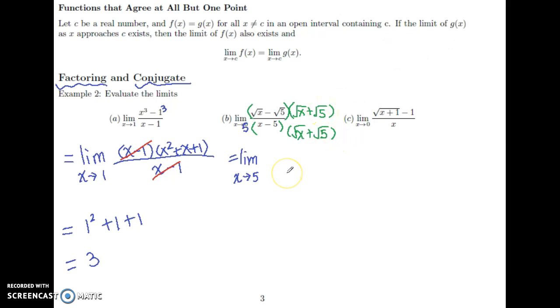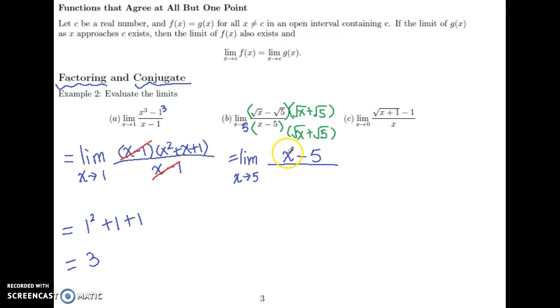Now for the top, with the conjugate, it's like a minus b times a plus b. So it's the difference of squares formula. We will get a squared, which is square root of x squared, so you get x, and b squared, which is square root of 5 squared, is 5, and it's a negative sign.